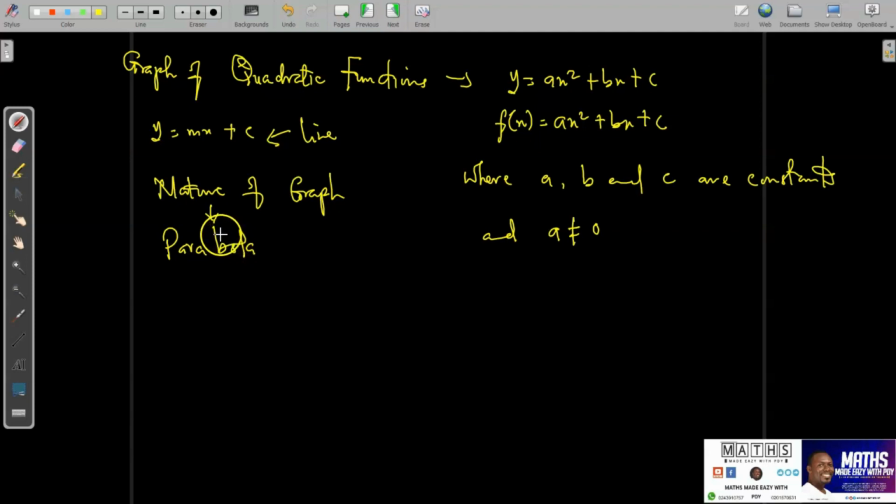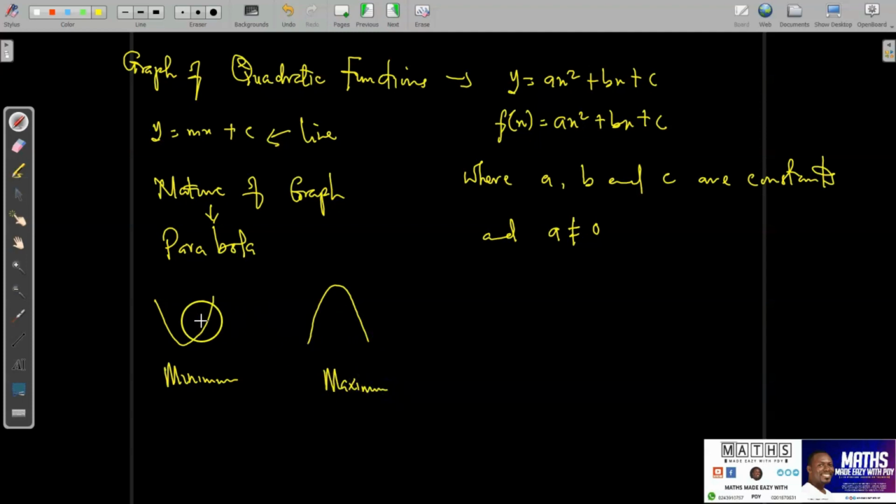And per our studies, there are two main parabolas that we must be cautious of. We have when it is minimum, and then when it is maximum.